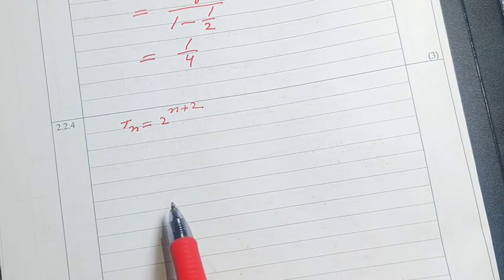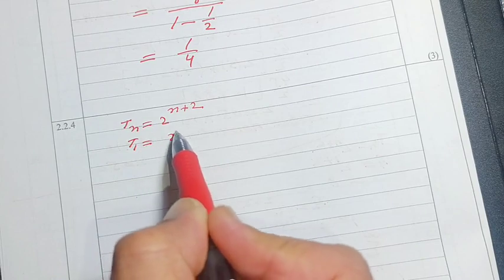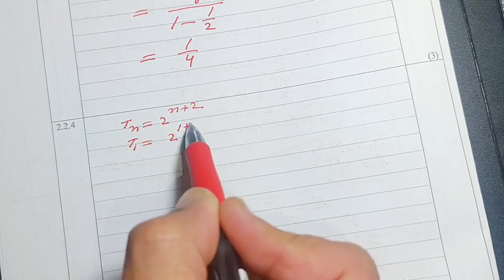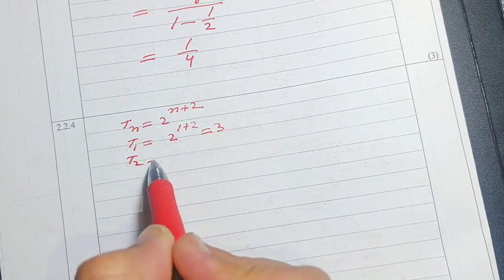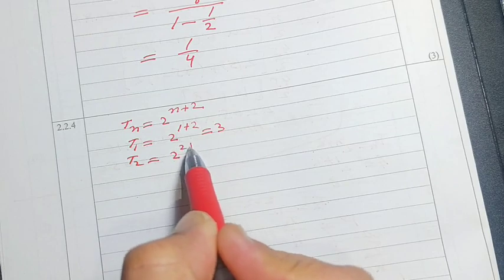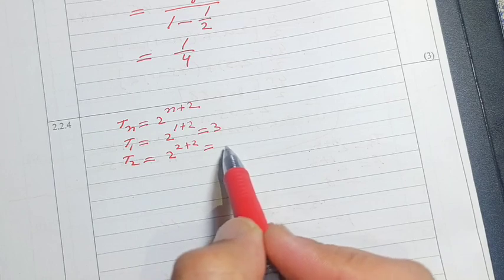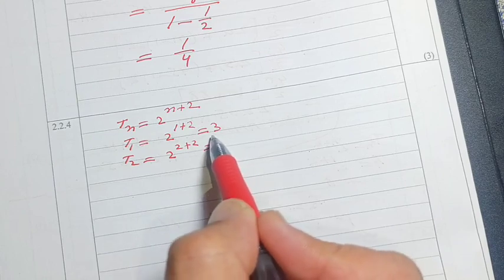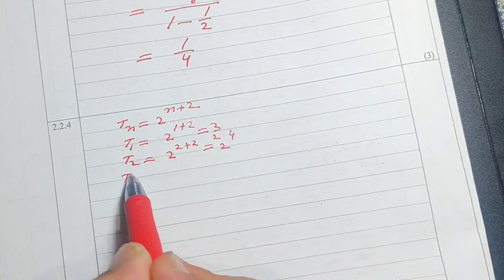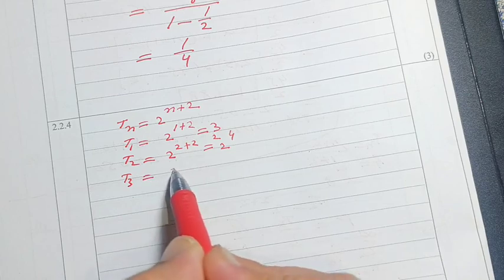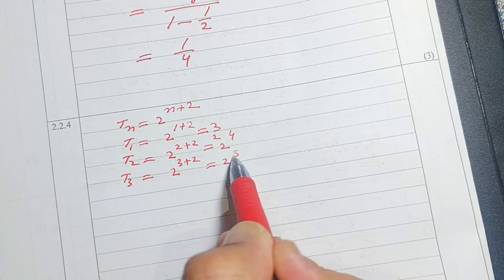Now, if I put T1 here, it's going to be 2 power 1 plus 2, which is equal to 3. Now if I put T2, it's going to be 2 power 2 plus 2, which is 2 power 4. Now if I put T3, it's going to be 2 power 3 plus 2, which becomes 2 power 5.